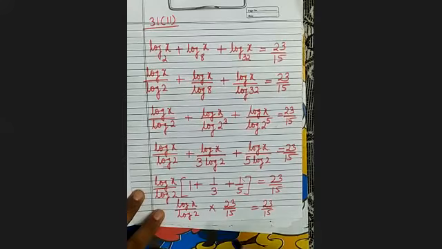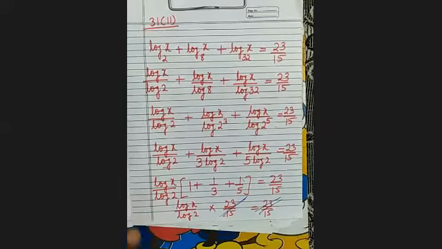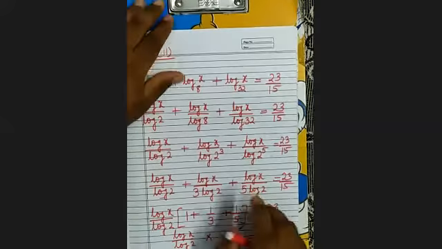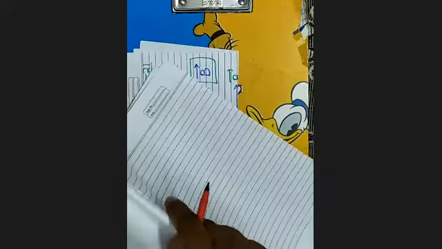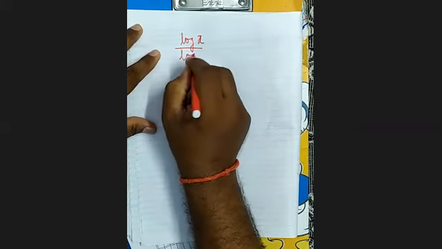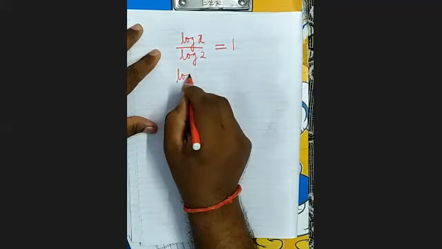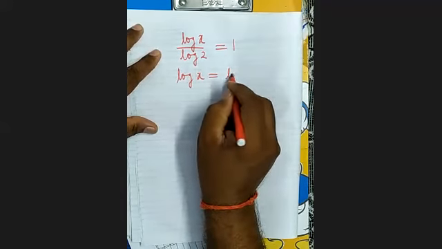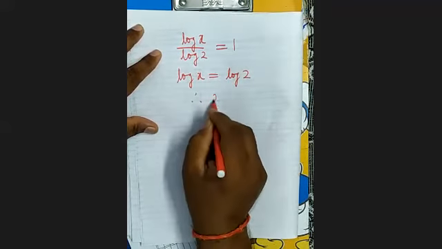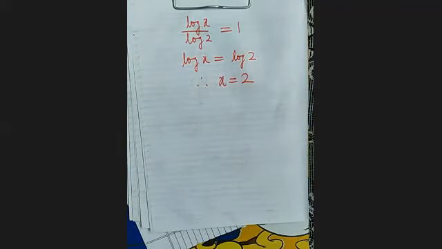So 23 upon 15 will be cancelled, and here we will get log x upon log 2 equals 1. So log x equals log 2. Therefore, x equals 2. x will be equal to 2.